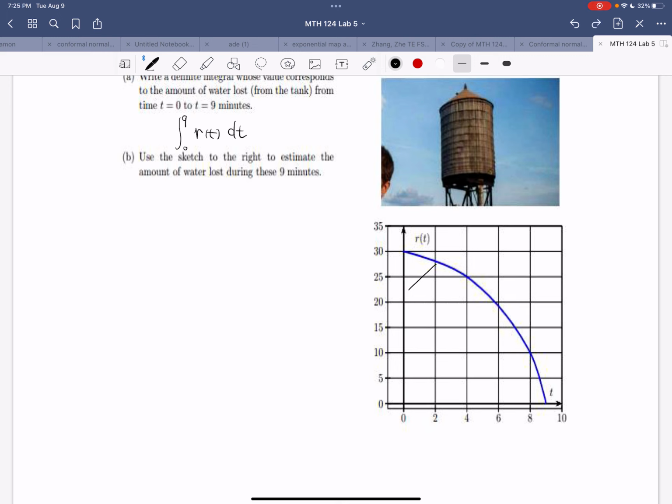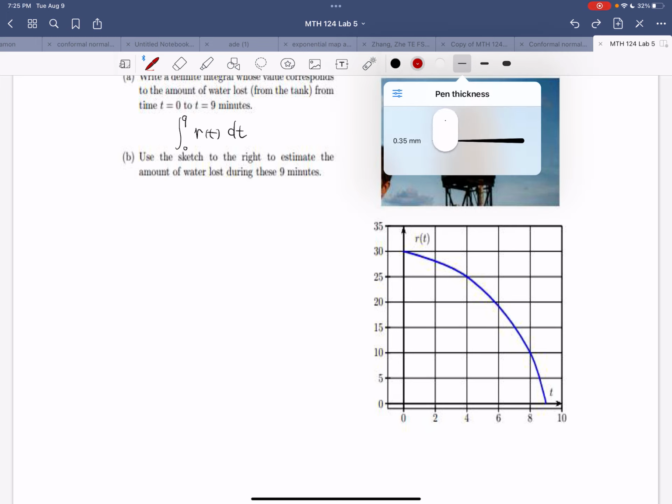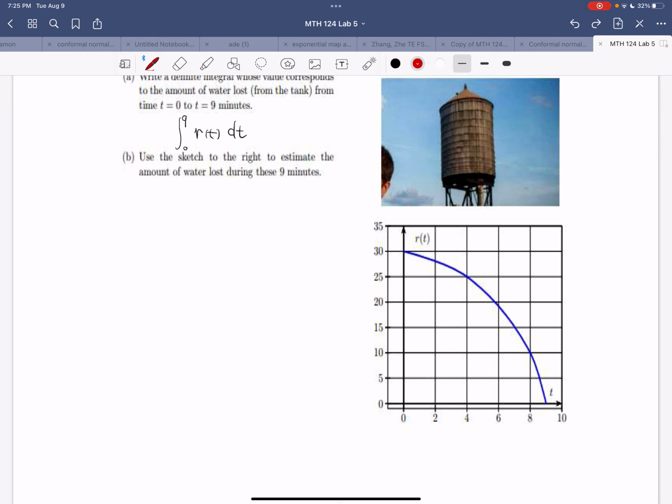So how to estimate this area? A good strategy is to assume this smooth curve is broken into line segments.